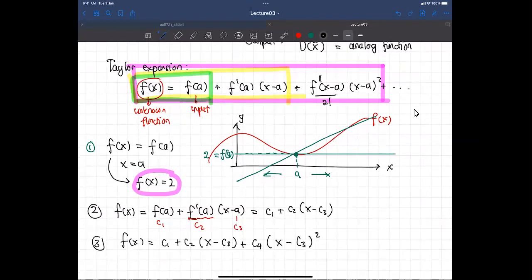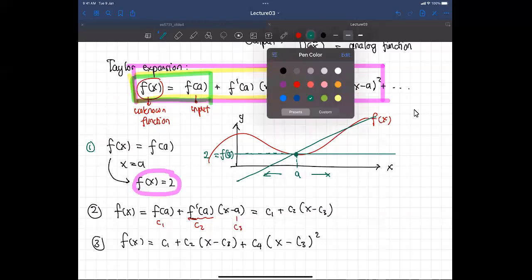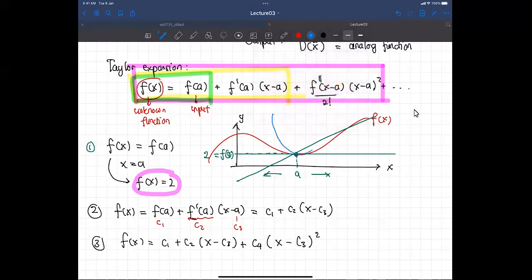So what kind of function is that? You have a square on x, and then you have a non-square, a single variable x. So what kind of function will that be? It's a quadratic function, right? The quadratic function will give you something like this. Now it is more precise, right? It is more precise compared to the straight line, more precise than the horizontal line.